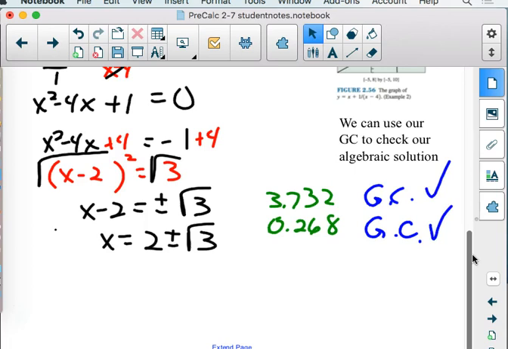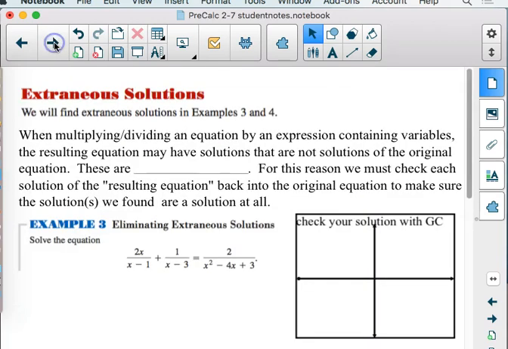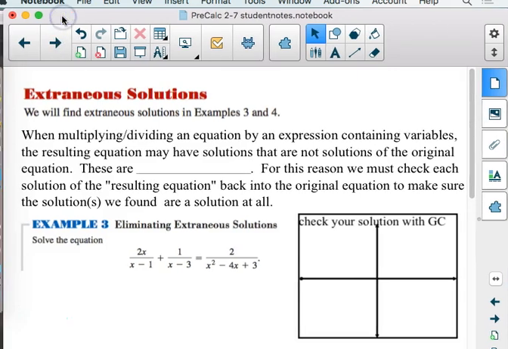There it is. In the future, if we want to check them and there's not a 0, well, we could always move everything over to one side and then find the x-intercepts. Or, like we were talking about before, find the intersections. Where are they hitting each other? That's not so bad.